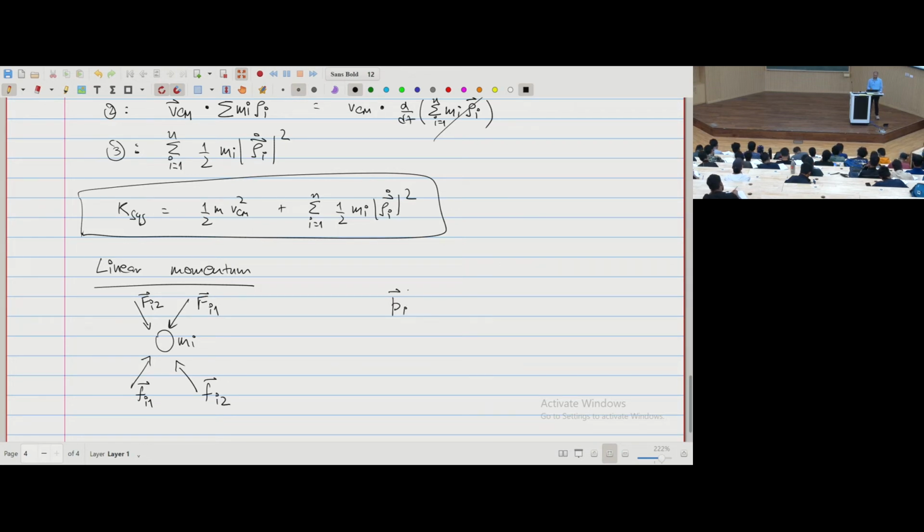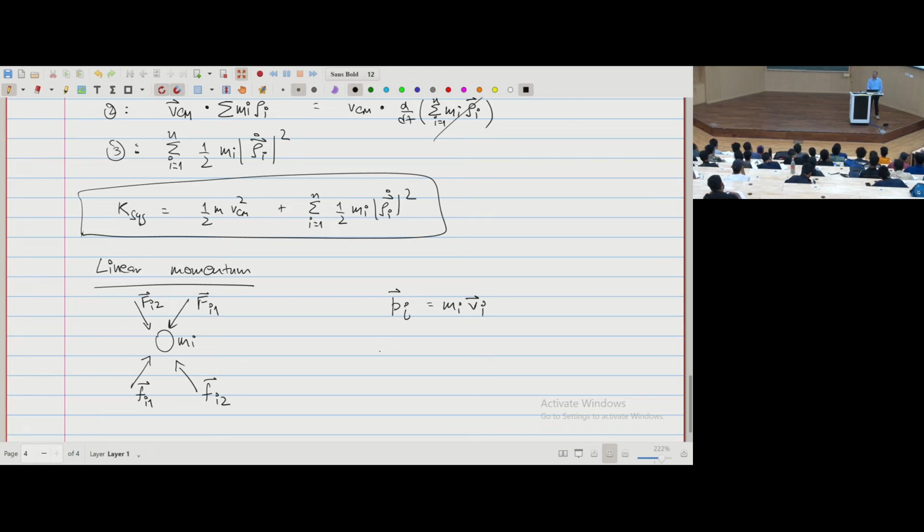And the linear momentum of the ith particle is given as mi vi, we already know that.